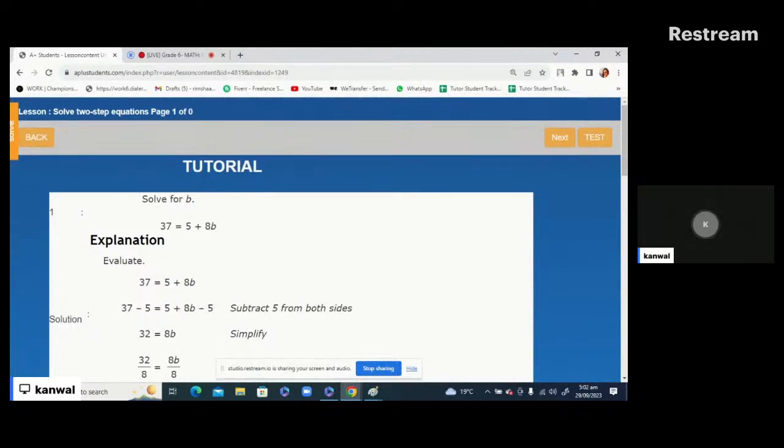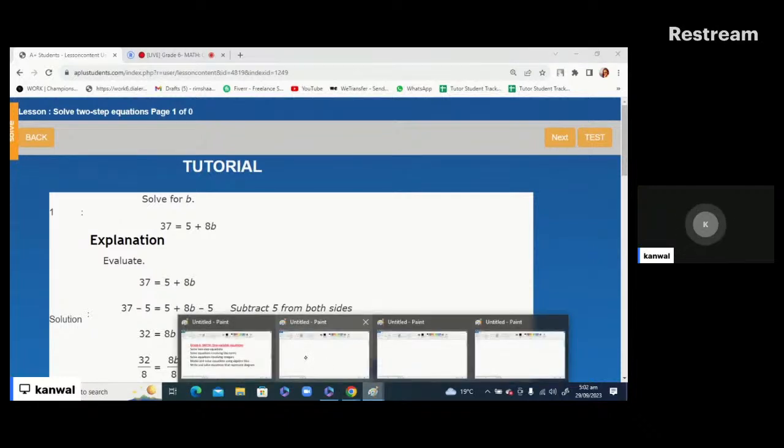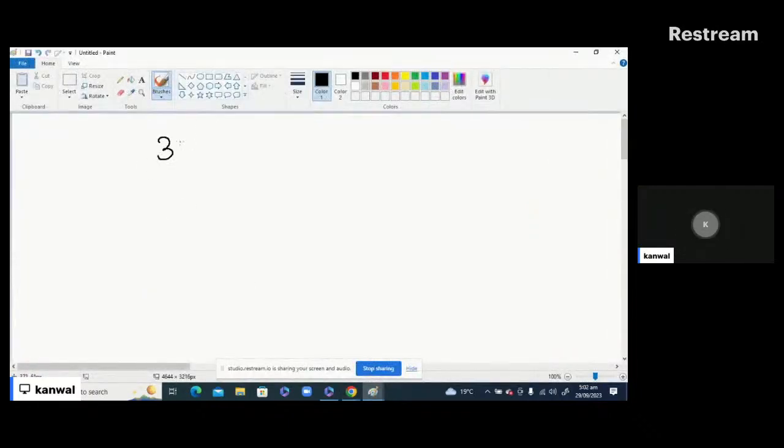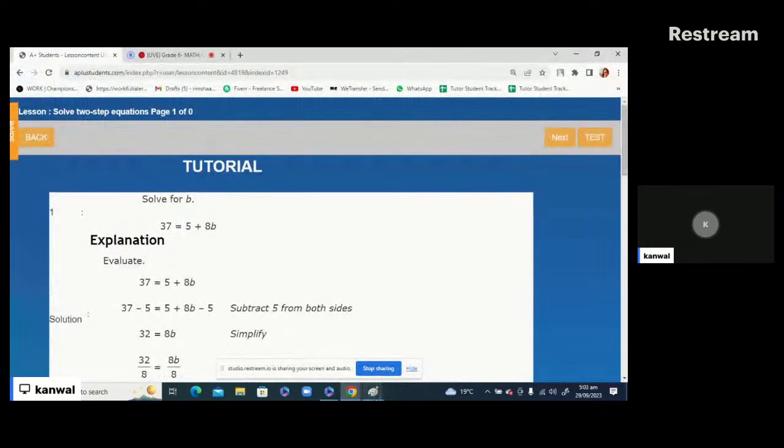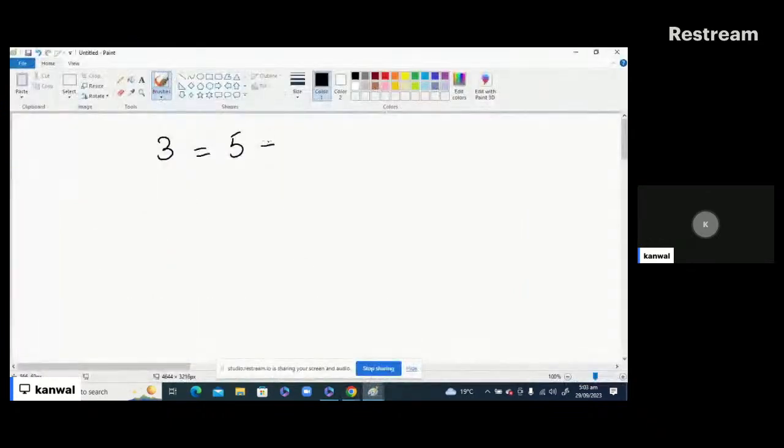So how can we solve it for the b? Let's write a question here. For example, there is 3 that is equals to 5 plus 4x. Okay, so that means we just simply find out this value of x.